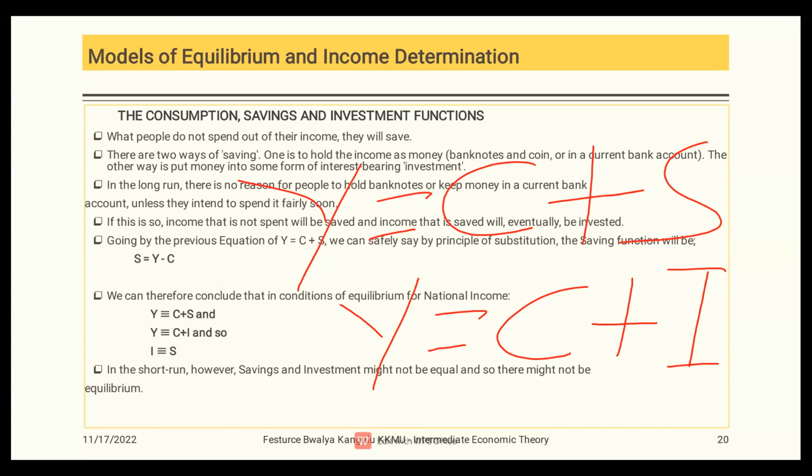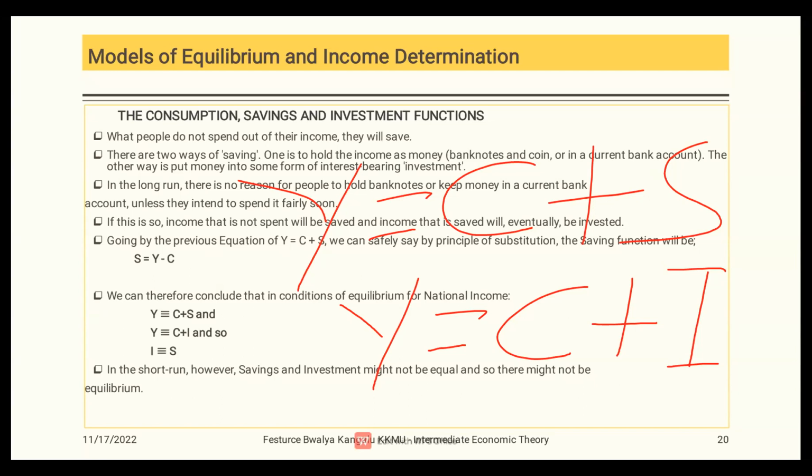When you consume, and once you're done consuming, whatever remains, you can either invest or do what? Or save. Therefore, it's rational for us to say income can be equal to consumption plus savings. You get that? Yes.